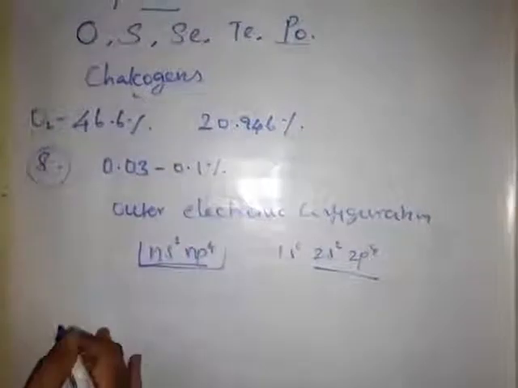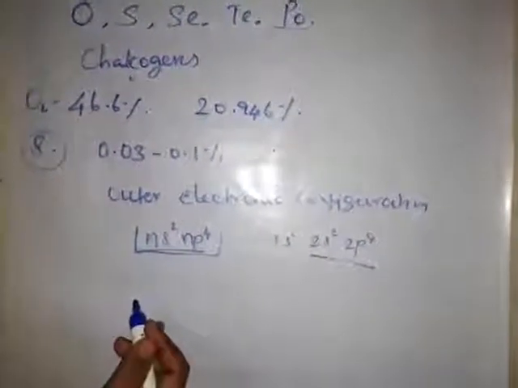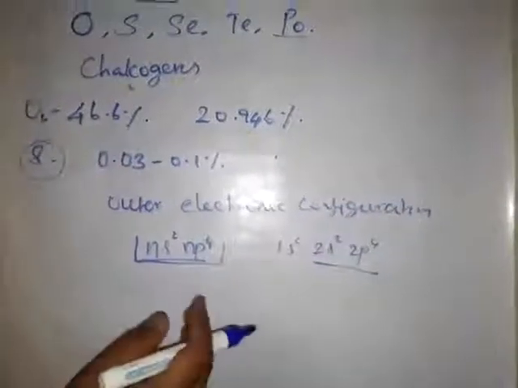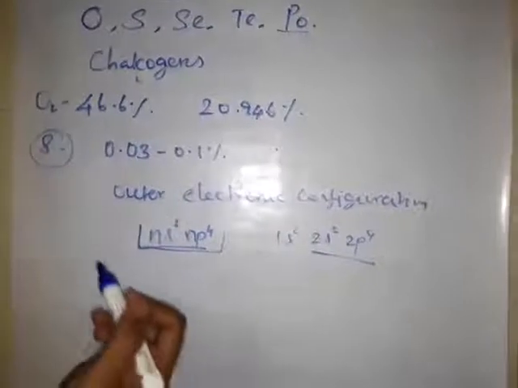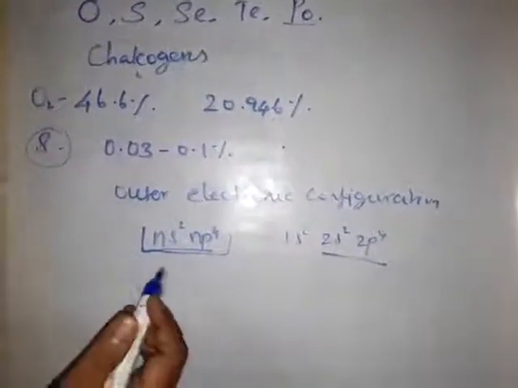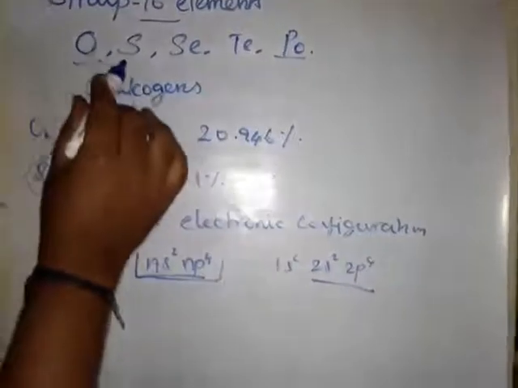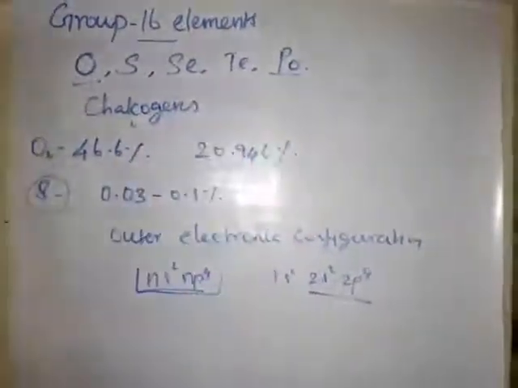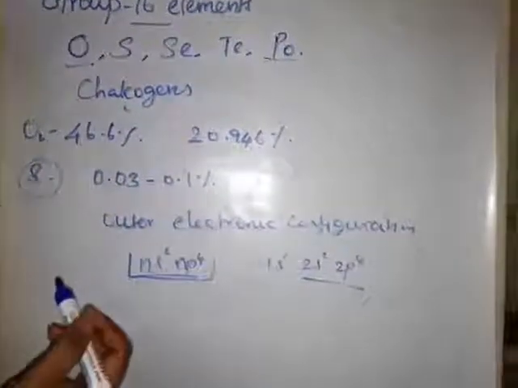Then the atomic and ionic radii. Due to the increase in atomic number, that is the number of shells, atomic and ionic radii increase from top to bottom in the group. The size of the oxygen atom is small compared to sulfur, selenium, tellurium and polonium. Then ionization enthalpy.